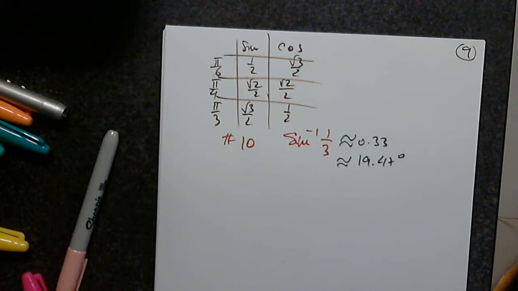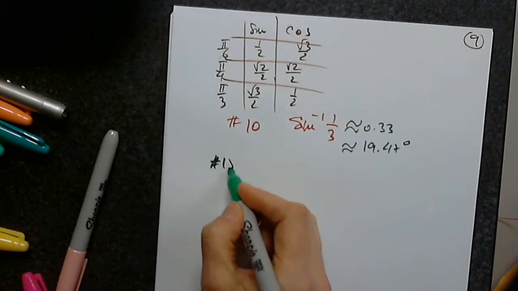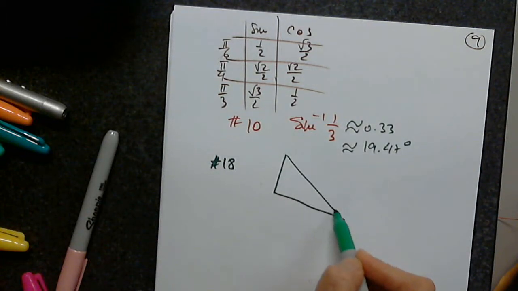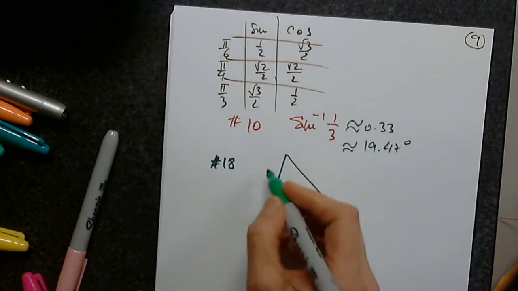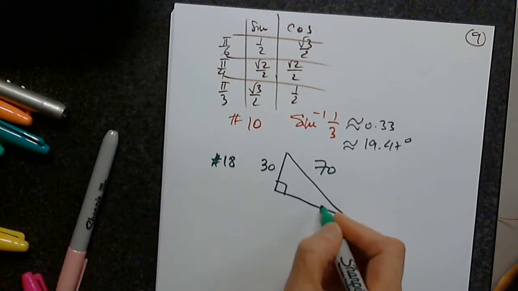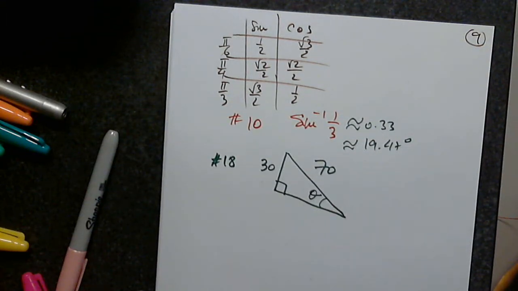Okay, find the angle theta in degrees, rounded to 1 decimal. Okay, so let's say 18. Now this is still a simple type of problem because we are given a right triangle with one leg 30, the hypotenuse 70, and they're asking us to find theta. Not a big deal, right?